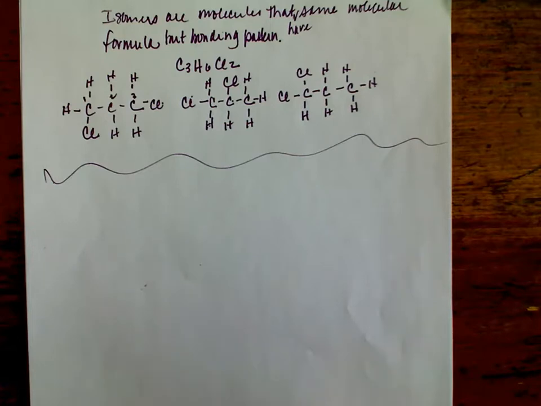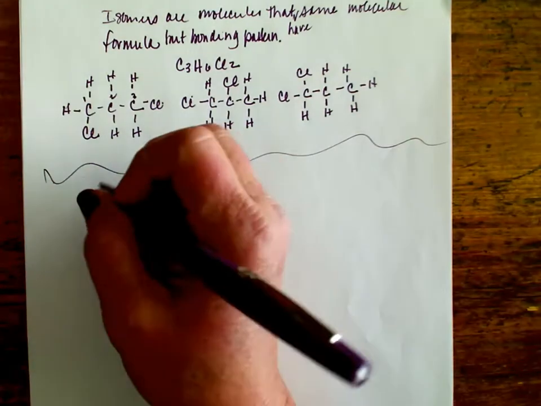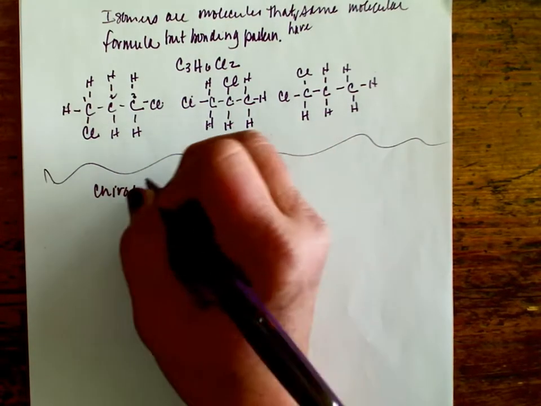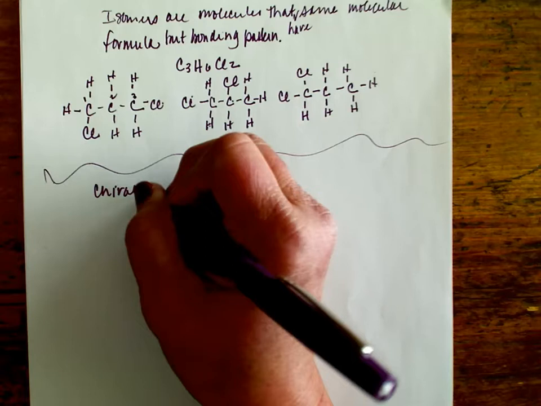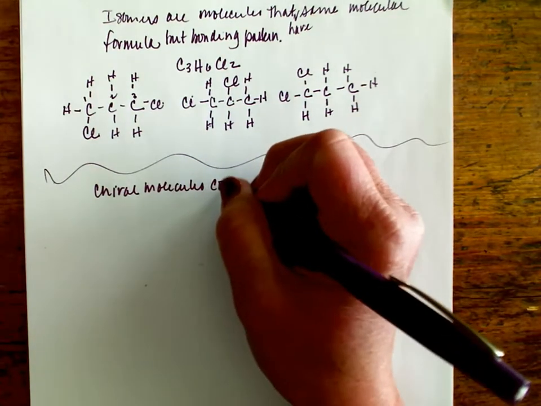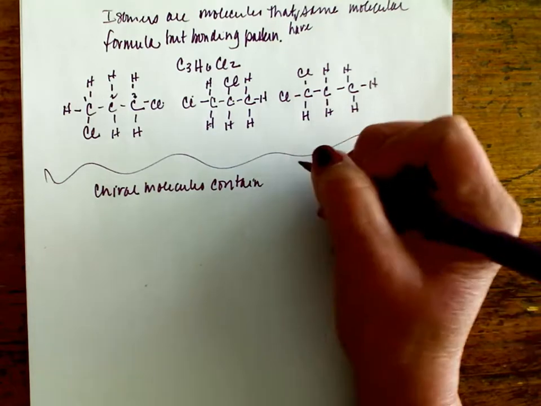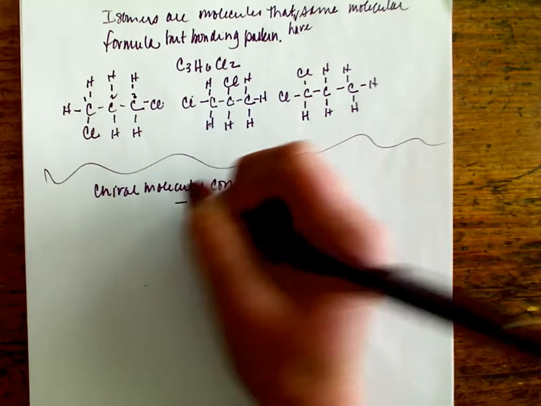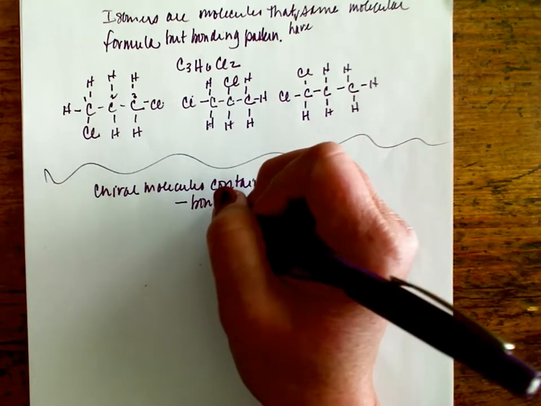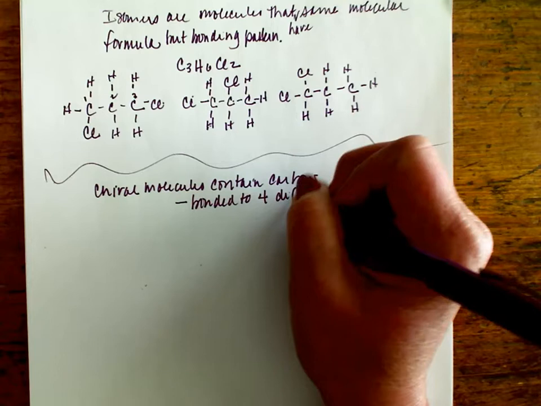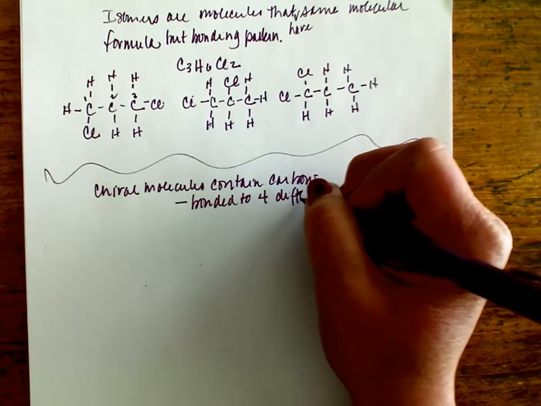But I'm going to first remind you, even though we kind of discussed this with respect to amino acids, chiral molecules contain chiral carbons. And chiral carbons are bonded to 4 different groups. That's what makes them chiral.